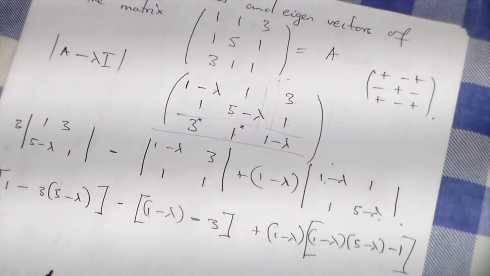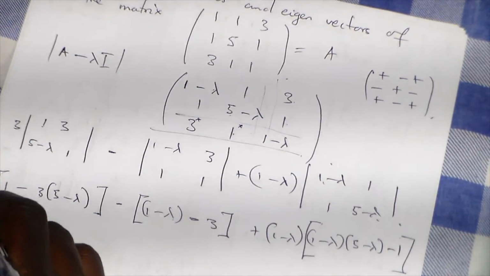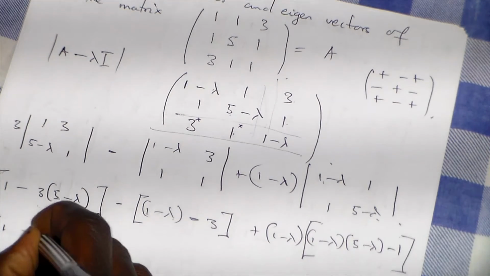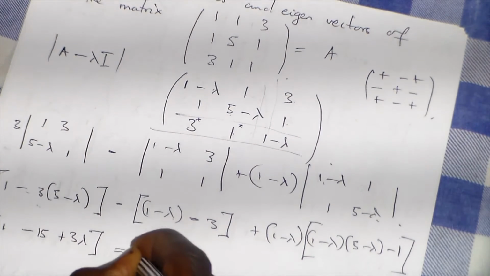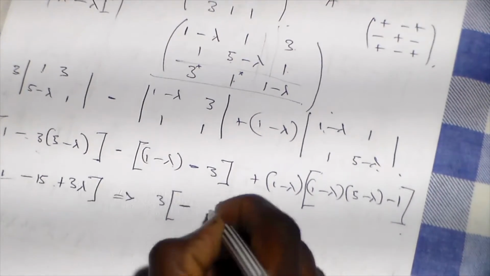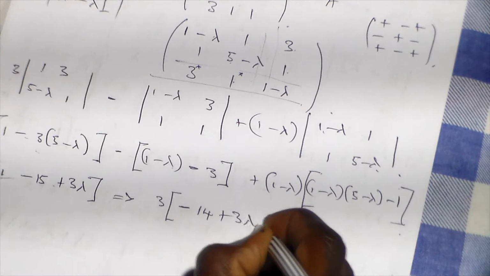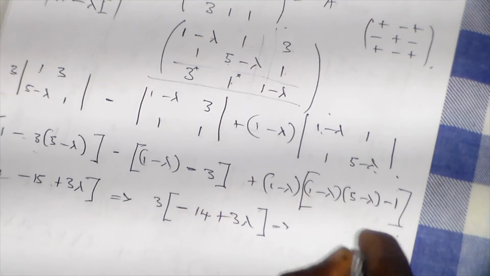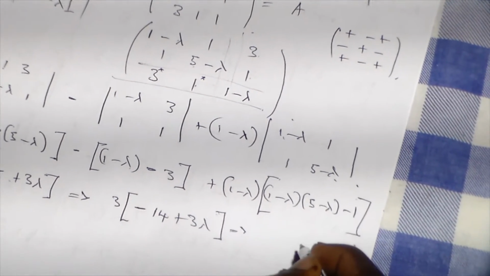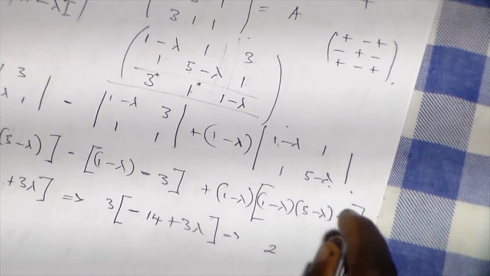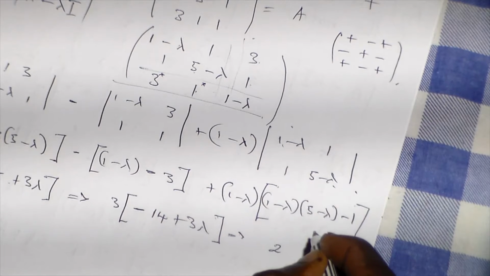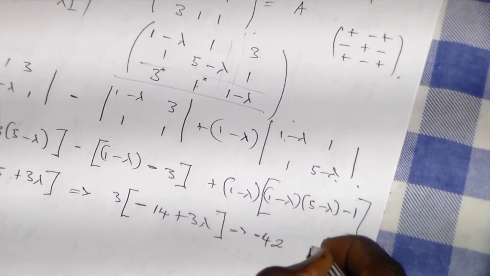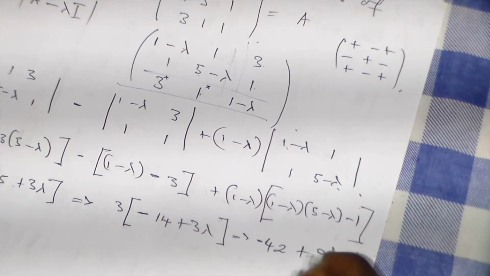Simplifying each and every factor of this expression, you can say 3 times 1 minus 15 plus 3 lambda. This will get me to 3 times minus 14 plus 3 lambda, which will give me negative 42 plus 9 lambda.